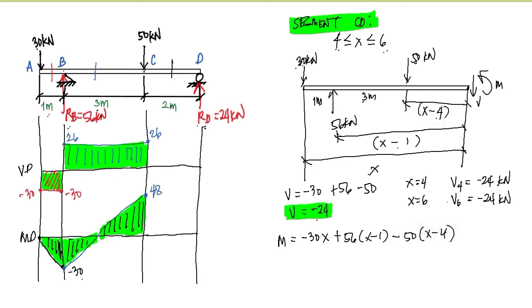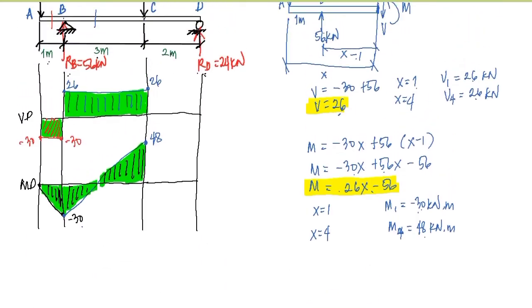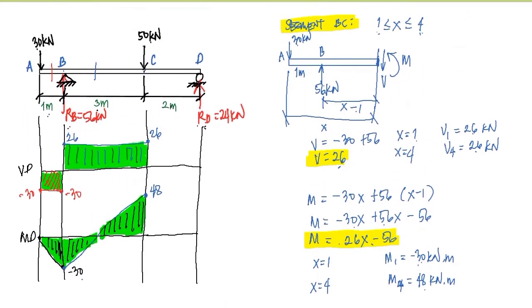And simplifying this, we have the moment is equal to negative 30x plus 56 multiplied by the quantity x minus 1, which is just the same with the equation here in our segment BC. And if we are going to simplify this, we will have 26x minus 56.